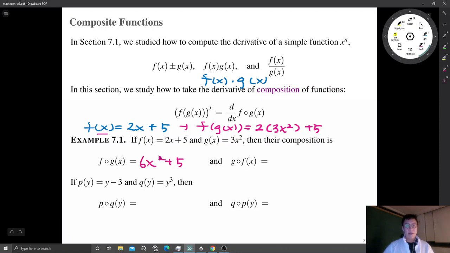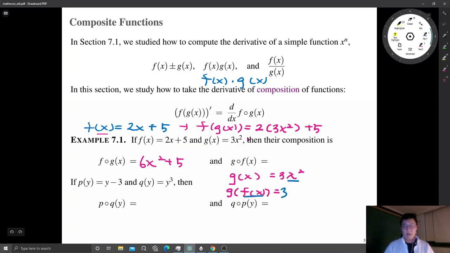Okay? Now we change the order, so the g function becomes the outer function of this composition. Originally g of x is 3x squared. Now we compute the composition g of f of x. So we replace this x with f of x.